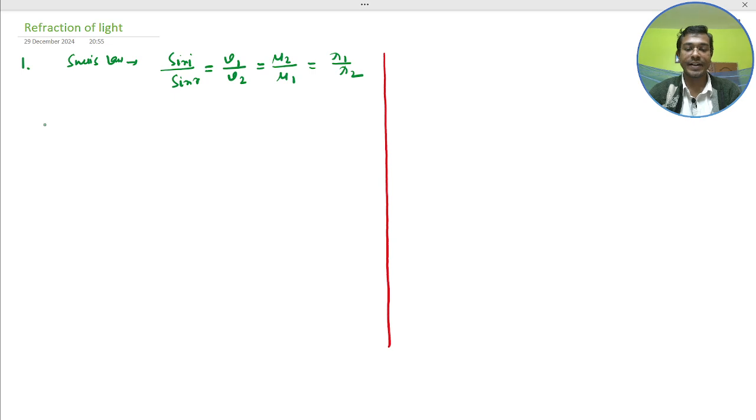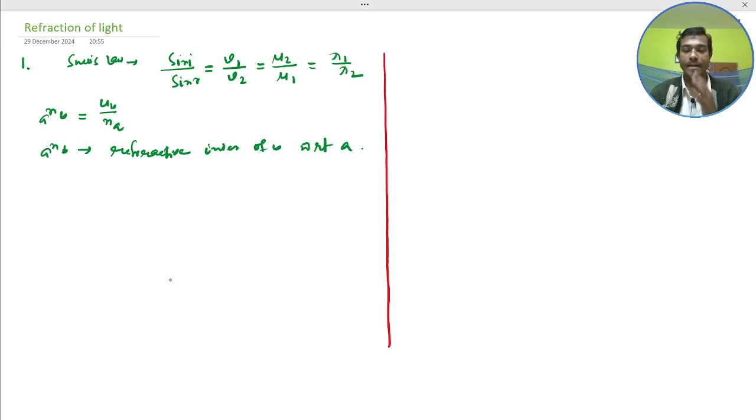And refractive index aNb is equal to refractive index of b by that of a, and this aNb is the refractive index of b with respect to a.